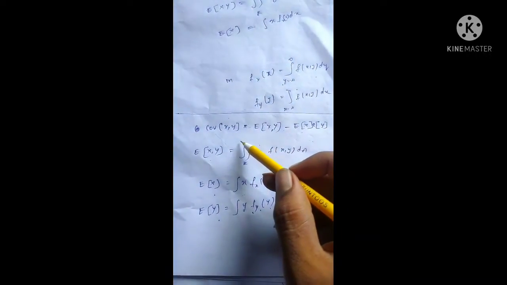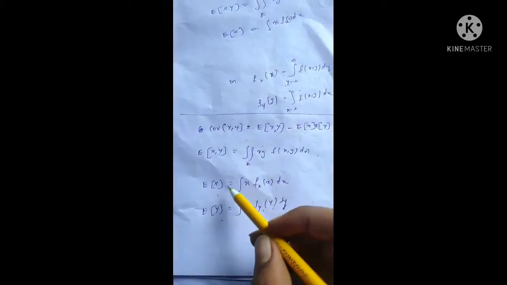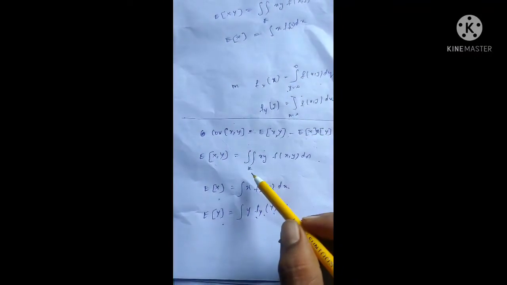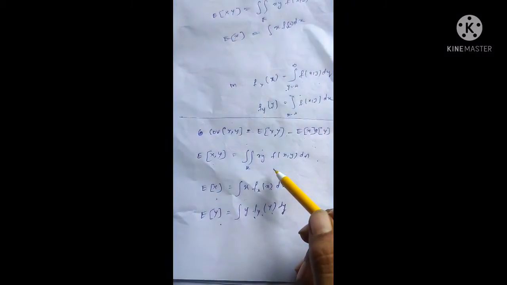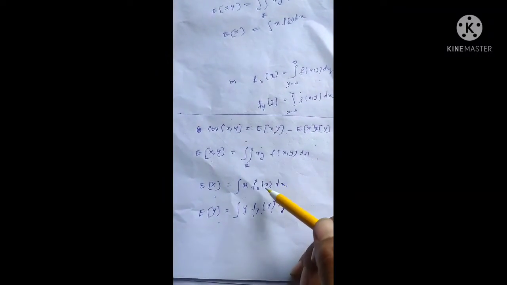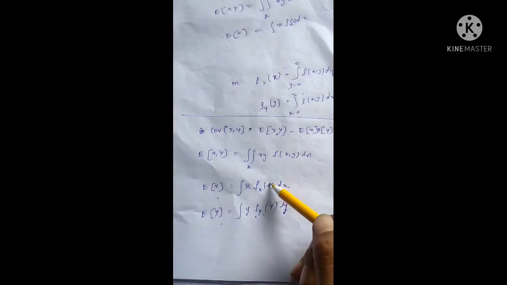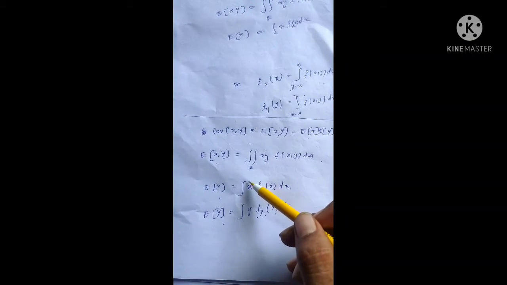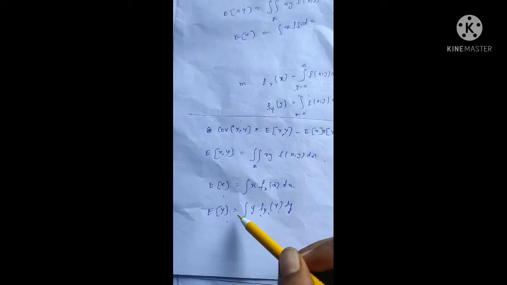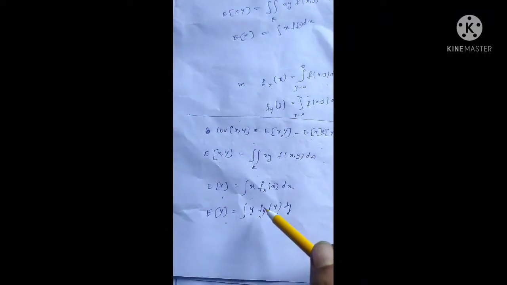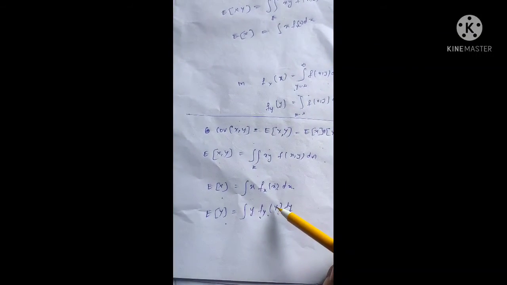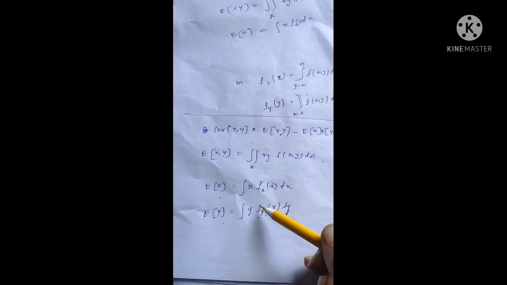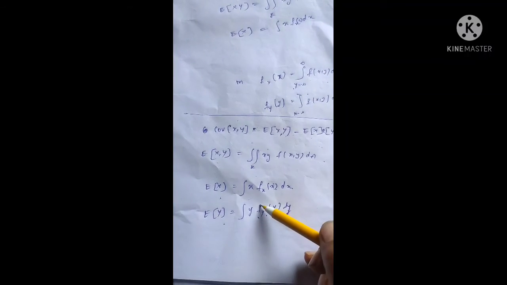We know the limits of x and y. Expectation of x is the integration of x fX of x dx. We know the value of fX of x and the limits of x. E of y is equal to the integration of y fY of y dy. We know the value of fY of y and the limits of y.